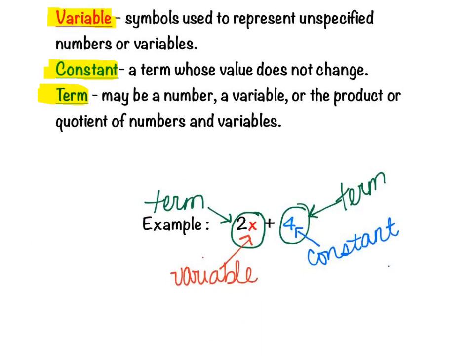So here we have the expression I gave you a moment ago, 2x plus 4. Notice that x is the variable, 4 is a constant. This expression is made up of two terms. 2x is one term and positive 4 is the other term.